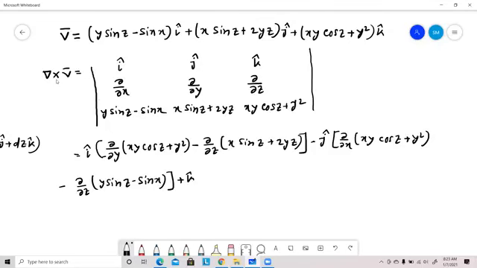And for the final term k, it will be del by del x of x sin z plus twice yz, minus del by del y of y sin z minus sin x.